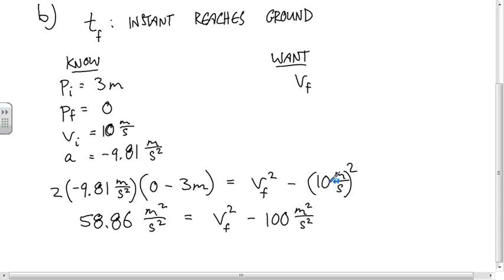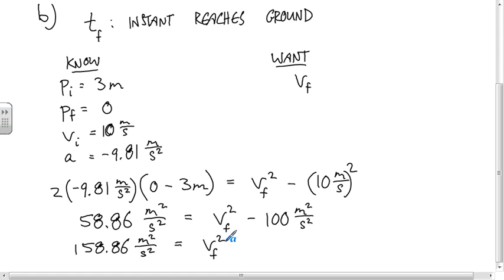Once you add 100 to both sides, 158.86 meters squared per second squared is equal to V final squared.